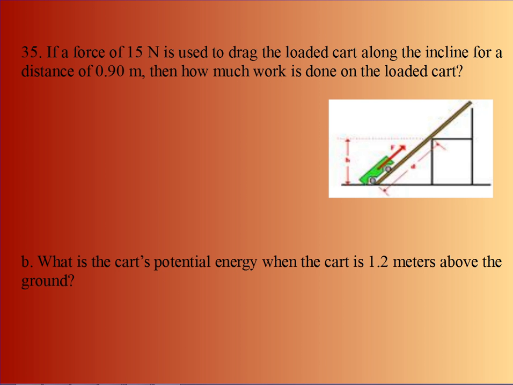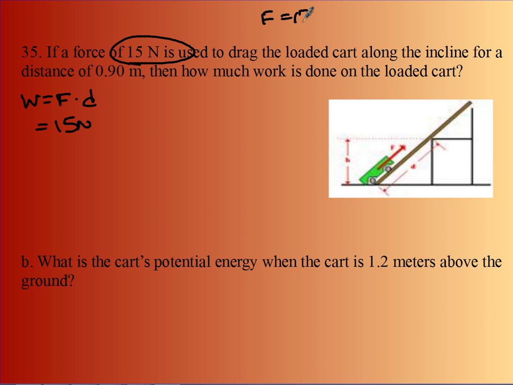This is an interesting problem. I have a force of 15 newtons that drags the cart up an incline. How much work is done? Now you remember, work is force times distance. So the force is 15 newtons. And you're going to write your given values.